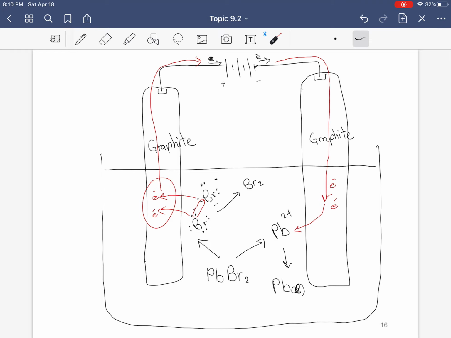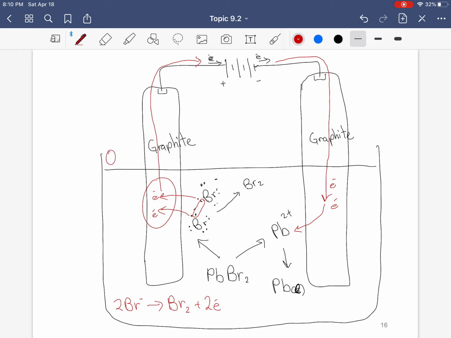Now, let's take a look at what's going on here. What we saw on this side is 2Br- becoming Br2 and 2 electrons.